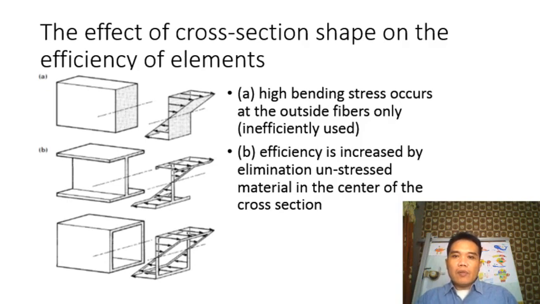The effect of cross-section shape on the efficiency of elements. If we have a beam, for example a massive beam of concrete, this concrete has high bending stress that occurs at the outside fiber only.